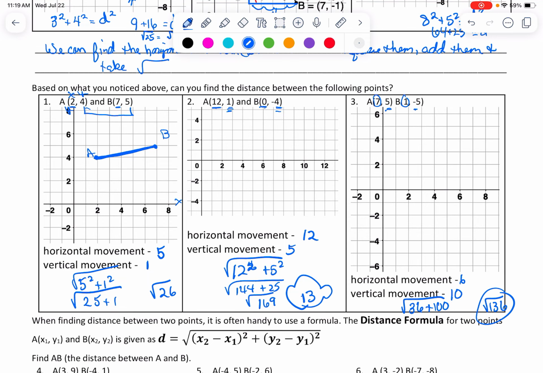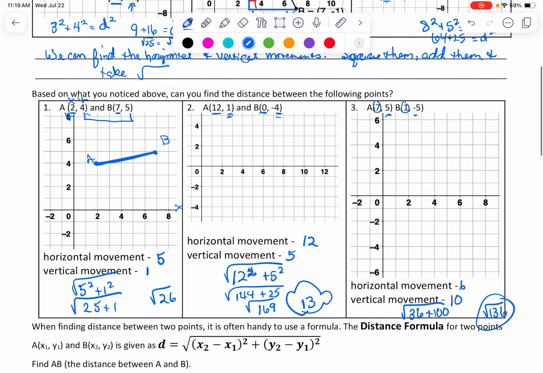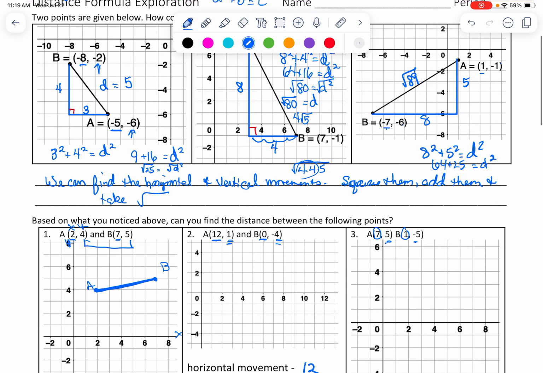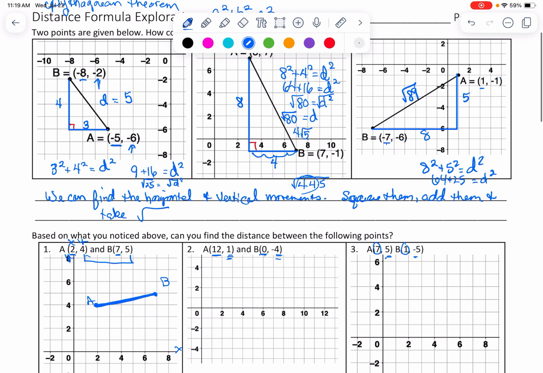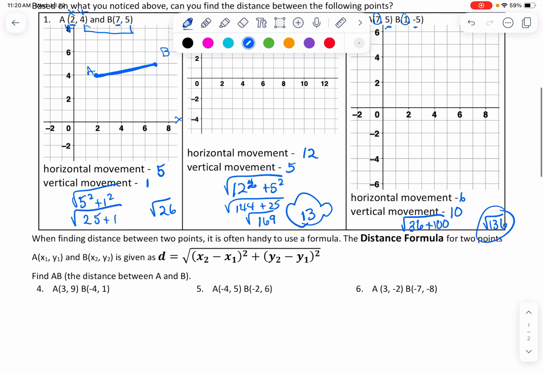So we've seen from the Pythagorean theorem that we can find the distance between points. We can say a squared and b squared is c squared, or distance squared in our case. And if we want to find the distance, we can just take the square root of a squared plus b squared to find that distance. And that's where this formula comes from.